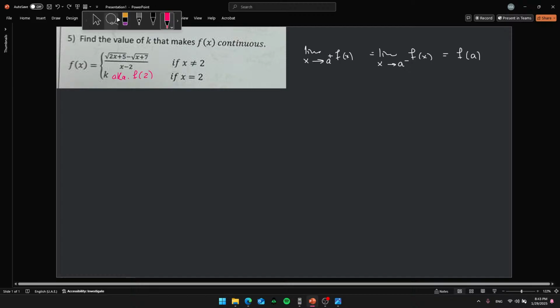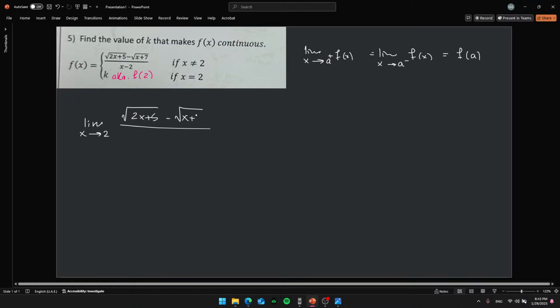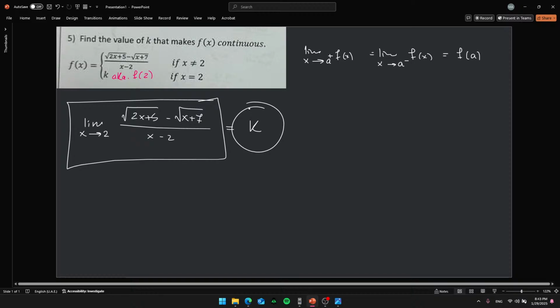Since the function is continuous on all x values, I can equal the limit as x approaches 2 of square root of 2x plus 5 minus square root of x plus 7 over x minus 2 with k. So basically I equaled the limit with f of 2.